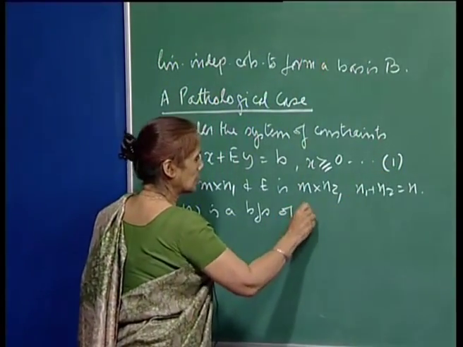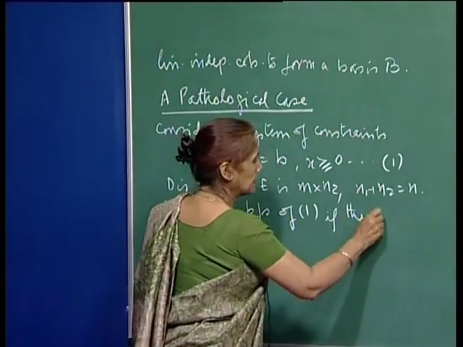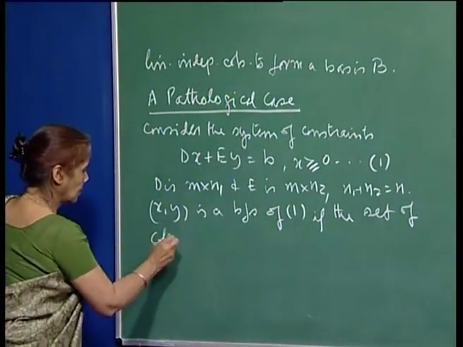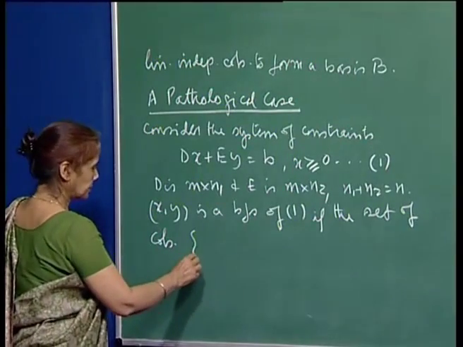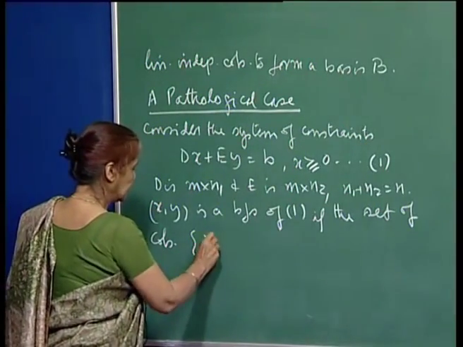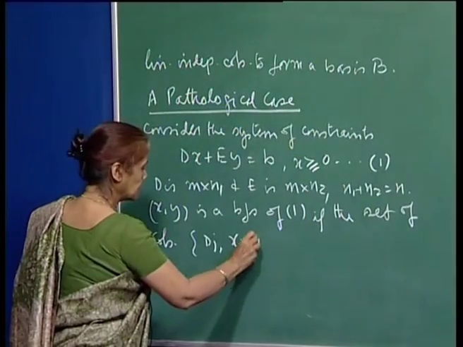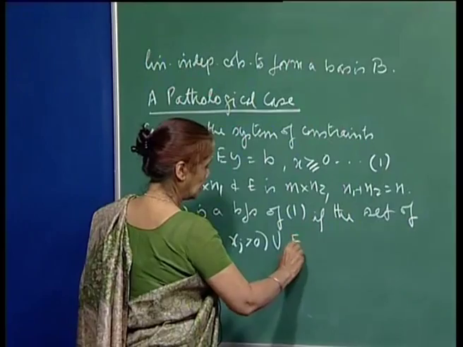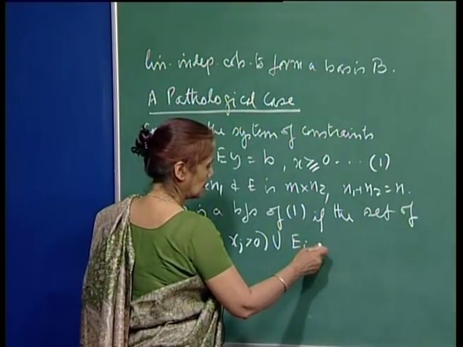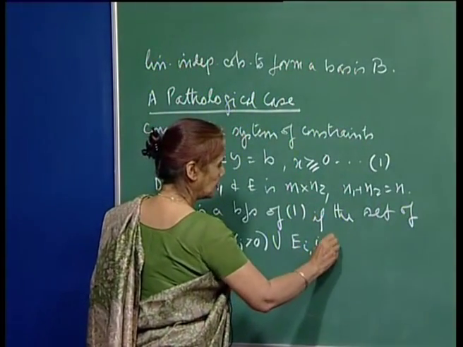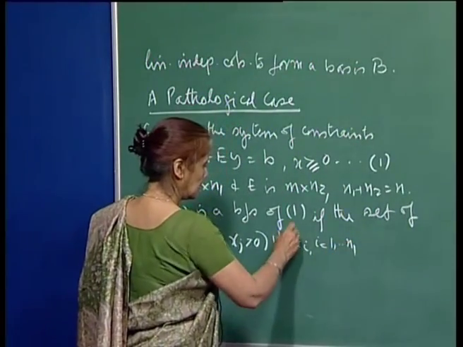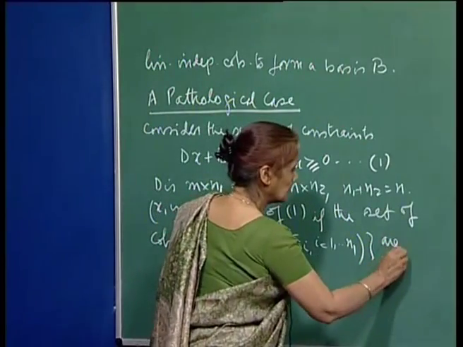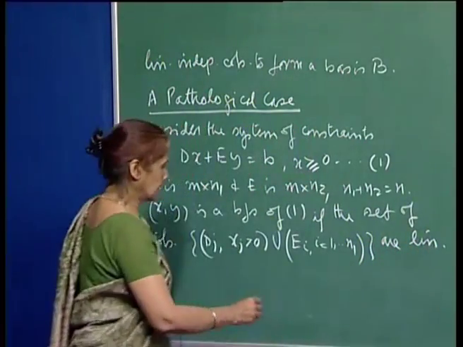of (1) if the set of columns dj such that xj greater than 0, union all columns ei, i varying from 1 to n1, that means all these columns are linearly independent.